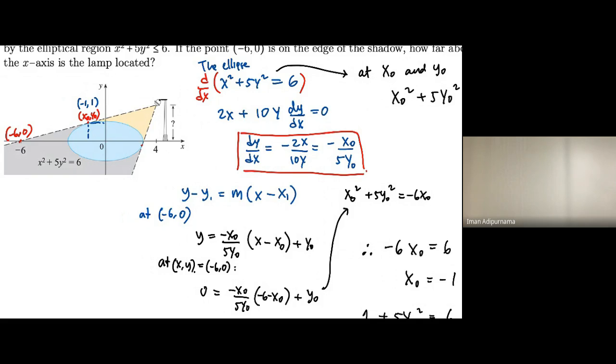We have the tangent line, and we are going to take the tangent line. So I think we can just use the 0 to make it the same. So at this negative 6, 0, we can just plug in the x and y. 0 for y, and x is negative 6.